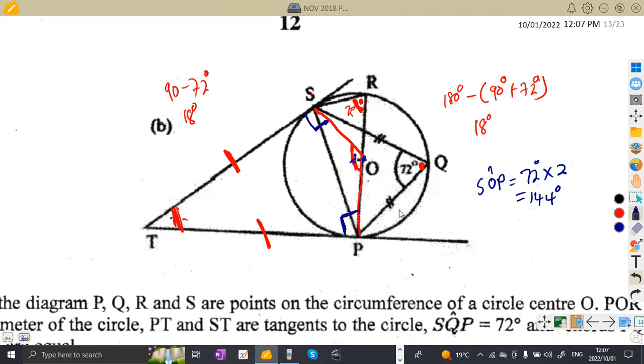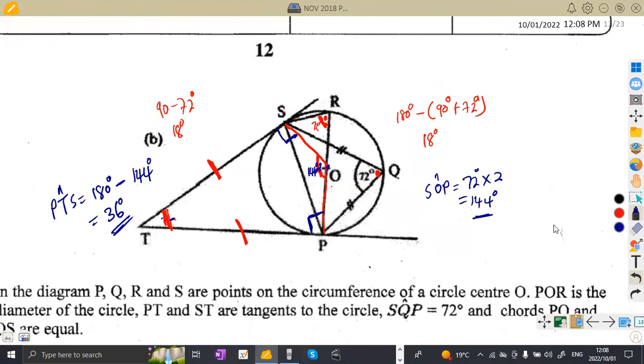So if this angle here is 144 degrees, then to find the angle at T, PTS, it is going to be 180 degrees minus this 144 that we see here. So if we subtract from 180, we obtain 36 degrees as our PTS.